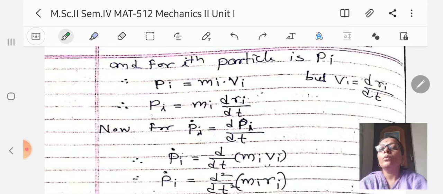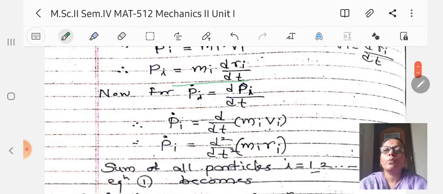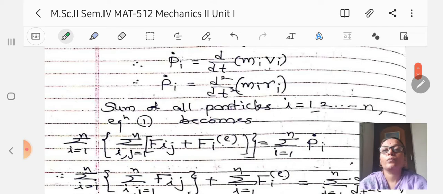Now we have pi dot, that is dpi by dt, by differentiating this equation with respect to t. We get pi dot equal to d by dt of mi vi, where dri by dt equals vi, and therefore pi dot equal to d square by dt square of mi ri.